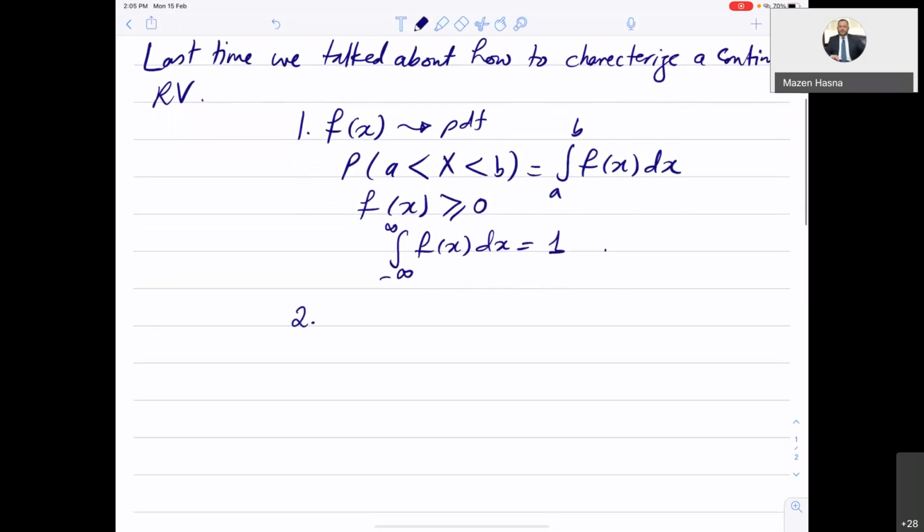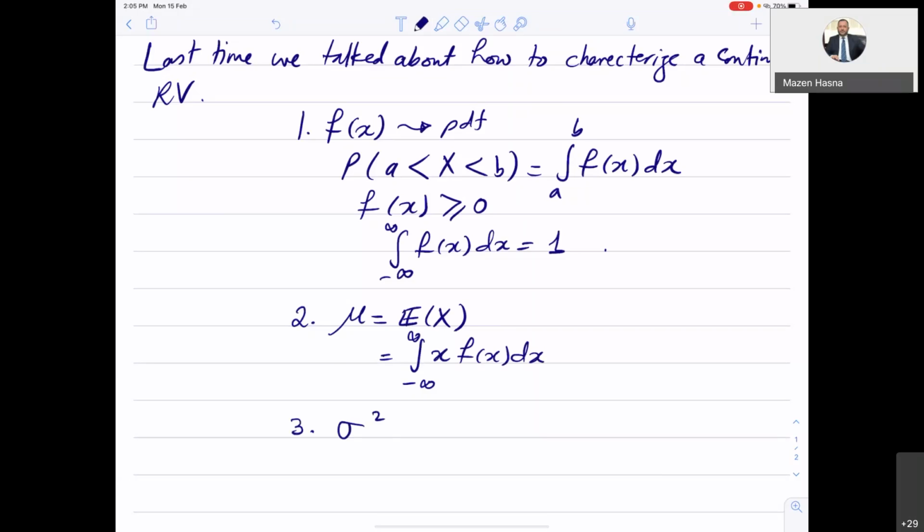The second way is the mean, or expected value E of x, and the way we define it is just the integral from minus infinity to infinity of x f of x dx. And again, this is opposed to summation of x times f of x in the discrete domain. And the mean tells about the location of the random variable, as we mentioned before.